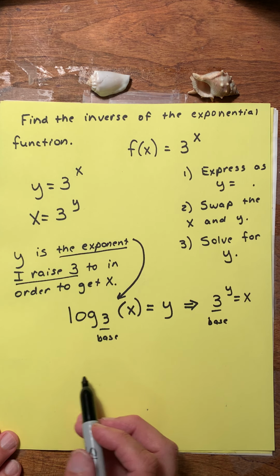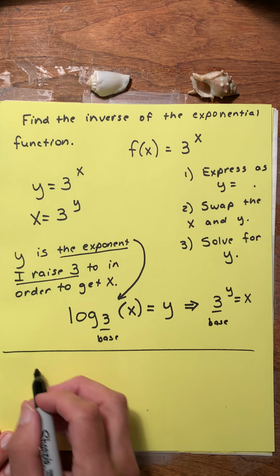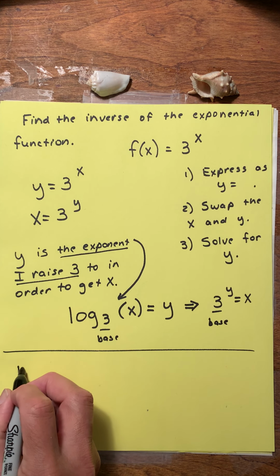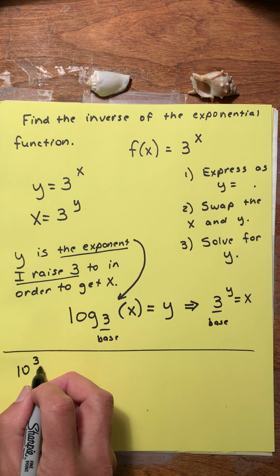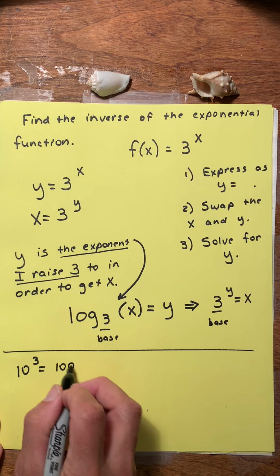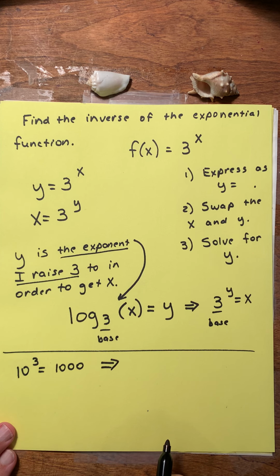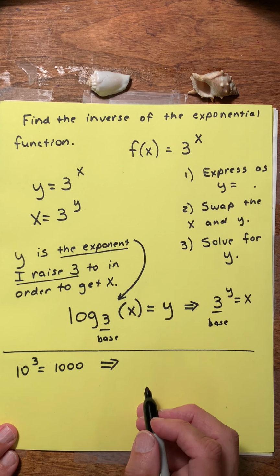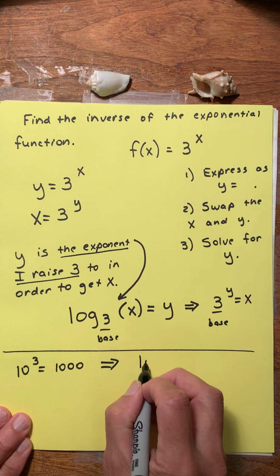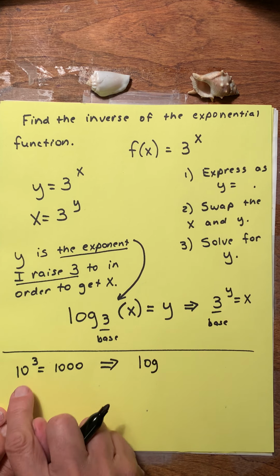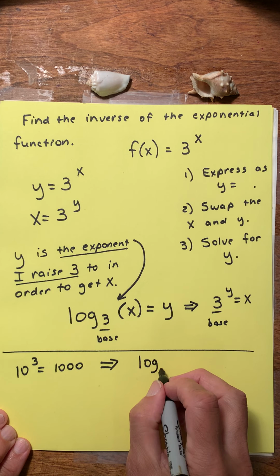Let's look at a couple more illustrations. Like 10 to the third power is 1,000. Can you express that in logarithmic terms? Well, log base, hey, this is the base, so same base.